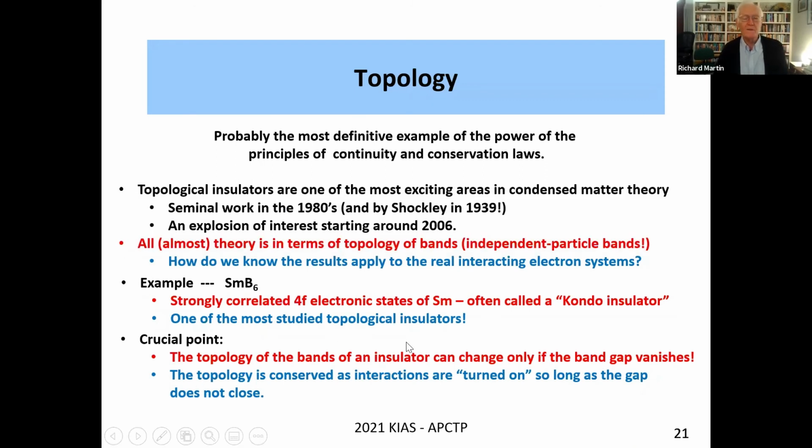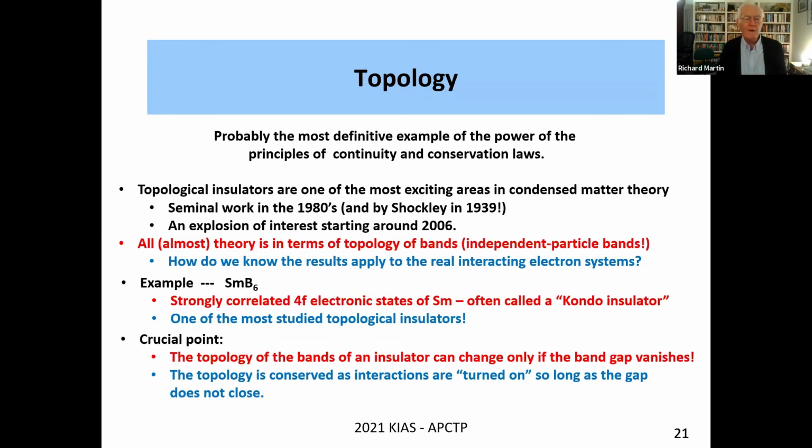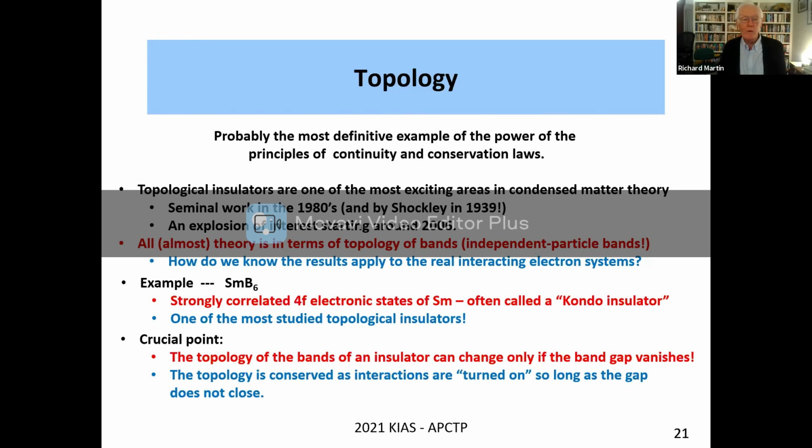Well, the point is just what we've been saying: continuity and something that's conserved. The topology of the electronic system cannot change unless there's a gap that vanishes. So we have a very clear case that if we turn on interactions and there's no gap that vanishes, then the topology of the electronic system will remain the same as in the independent particle problem.